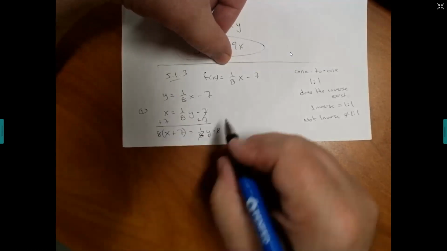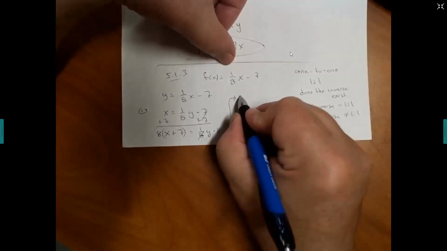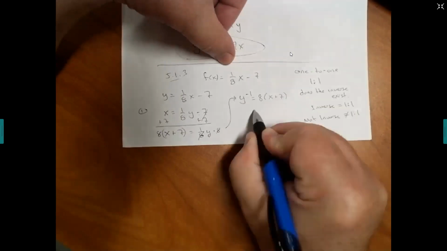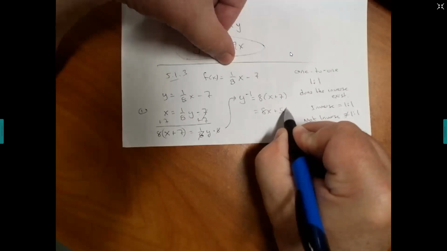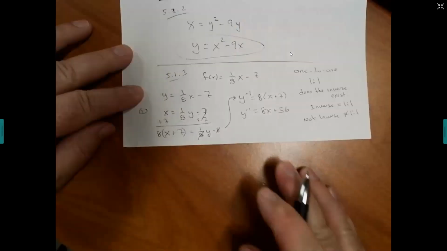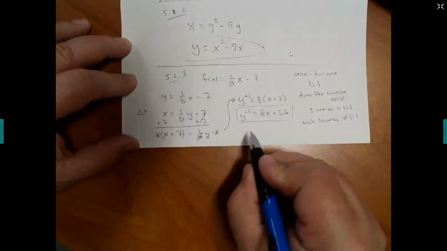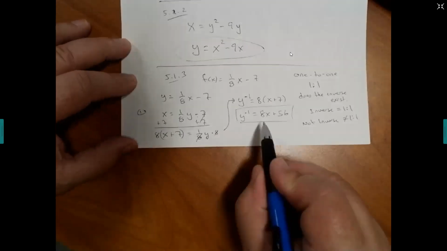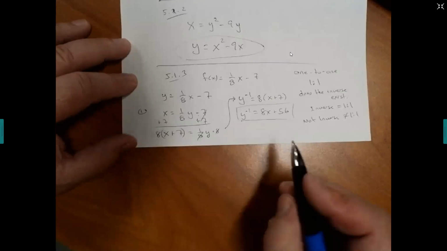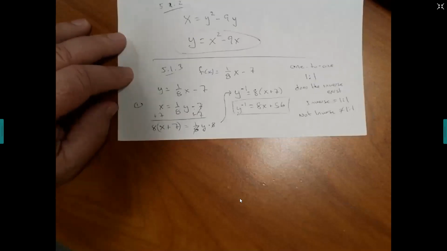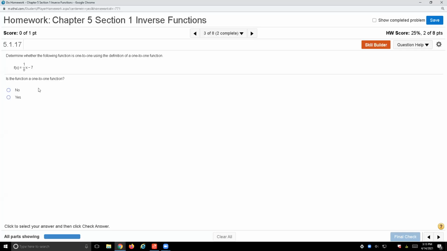The 8's cancel, which gives us an inverse of 8 times (x plus 7), which is 8x plus 56. We'd have to first test if this is a true inverse, plug it in there and plug it in there. But to save time, yes, it is an inverse. So let's see what the question is asking for us to find. Is it a one-to-one function? Yes.